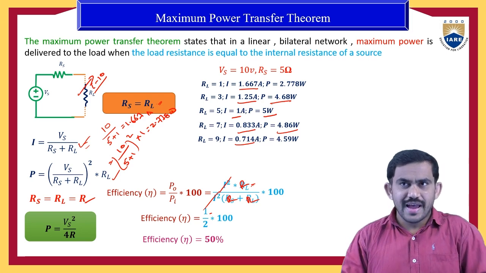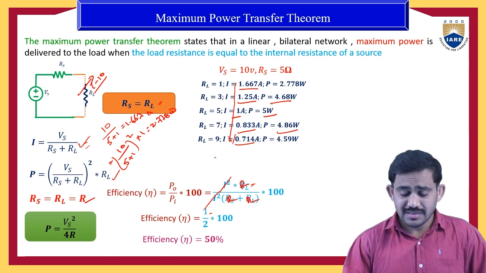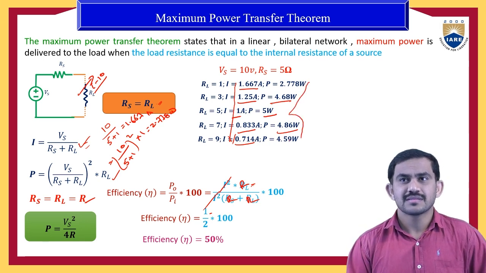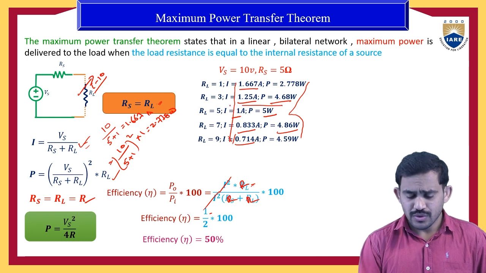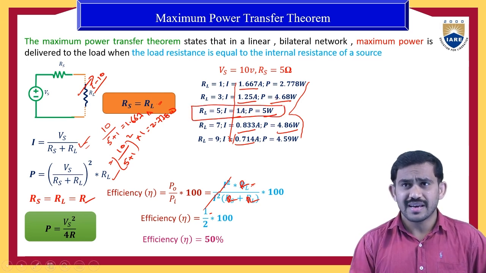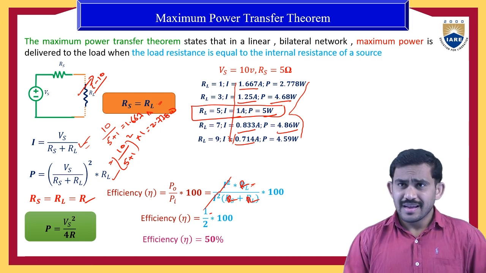Just observe those values. So I is decreasing steadily, but the power increases and then decreases. When RL equals RS, then you have the maximum value. Clear?